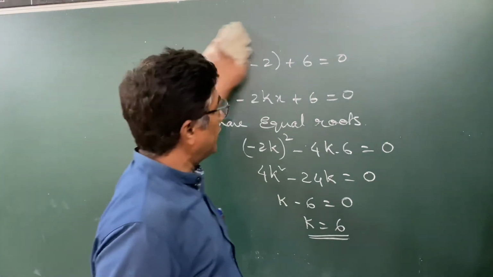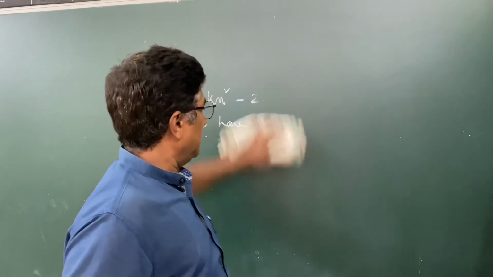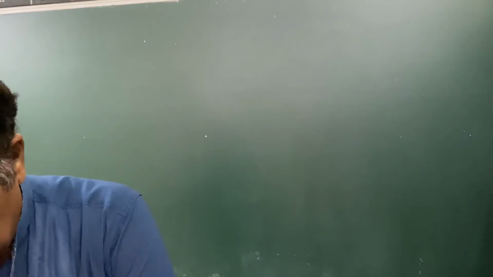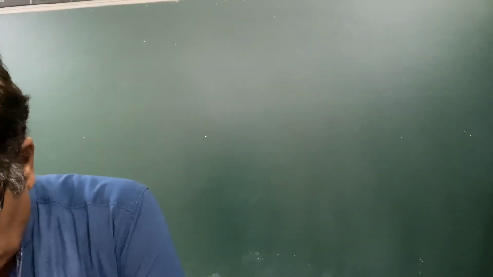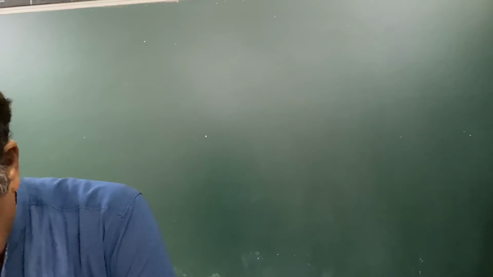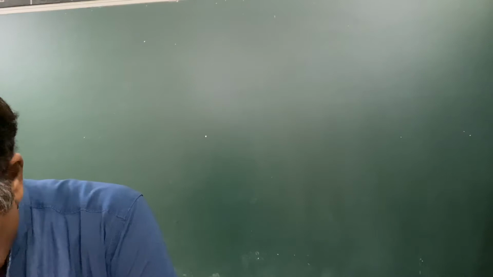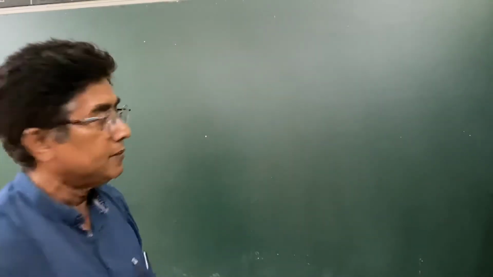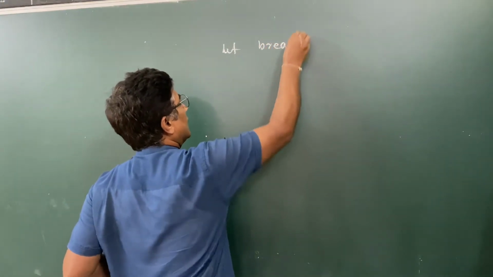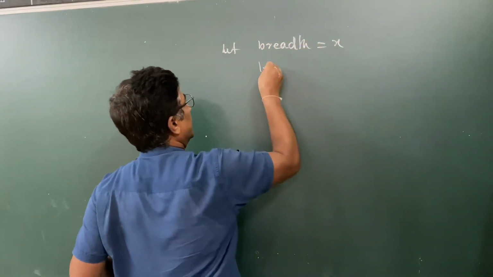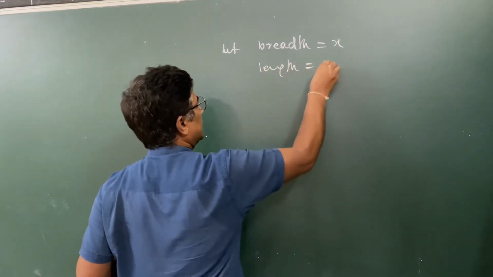Then question number 3, 4 and 5. They told you, is it possible to design, means you can form a quadratic equation or not. So some statement is given based on that. In the first one, you want to have a rectangular mango grove, length is twice its breadth. You assume let breadth is x, so length is 2x.